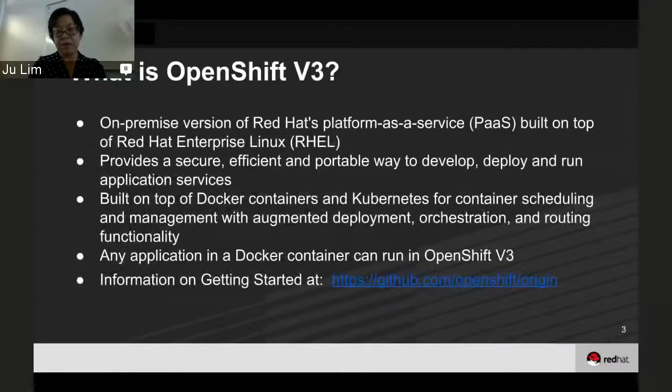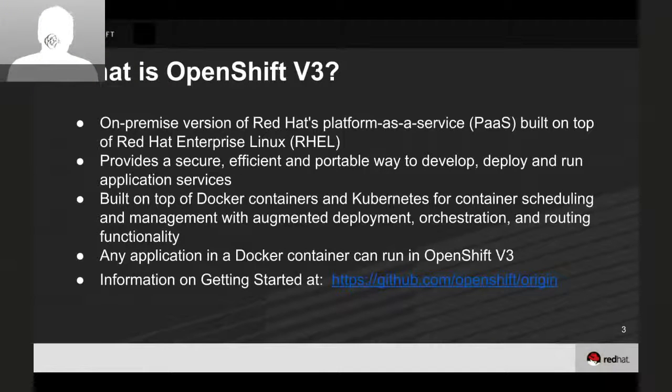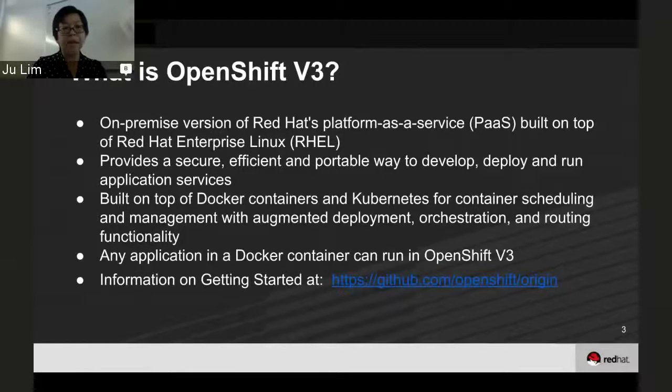Just in case folks aren't aware, OpenShift V3 is an on-premise version of Red Hat's PaaS, and it's built on top of Red Hat Enterprise Linux. It's built around the central idea of being able to run applications built in Docker containers and being able to run them on top of OpenShift.